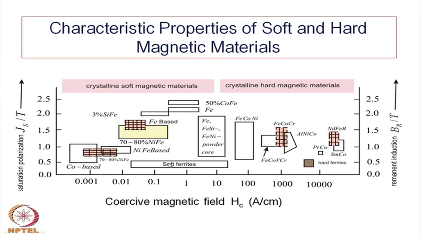Both of them, whether hard ferrite like this or soft ferrite like this, have a relatively low saturation magnetization, and remanent magnetization is also relatively low. So, they are actually related. Normally saturation magnetization is slightly higher than the remanent magnetization. But these are the whole range of different magnetic materials we have, in the elemental form, alloy form, as well as in the ceramic magnets.